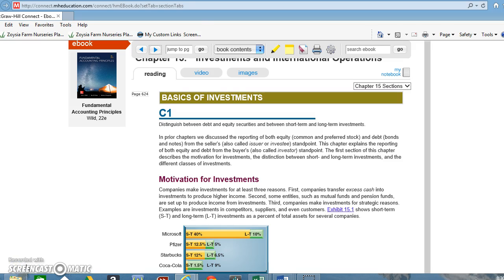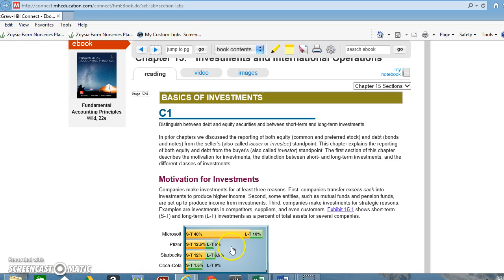All right, I'm jumping ahead to chapter 15, which deals with investments and international operations. Starting off on 624 here, it kind of gives you a thumbnail sketch of the basics of investments, the motivation for making investments. So give that a good read.